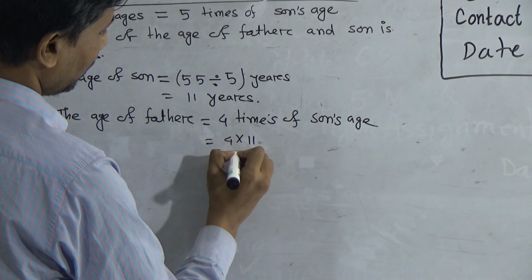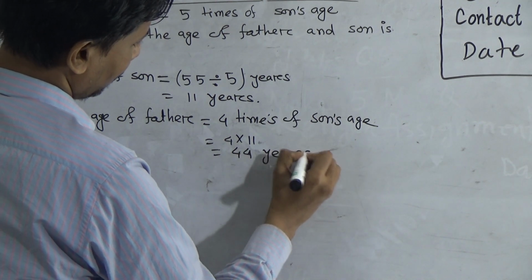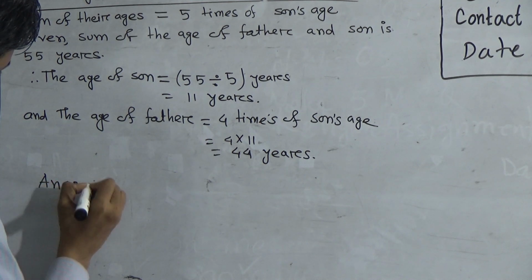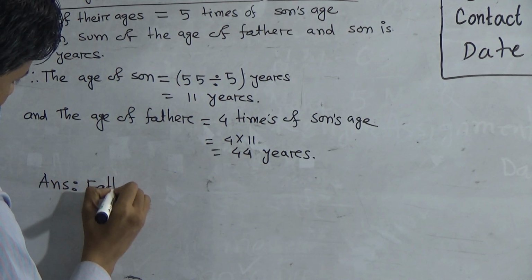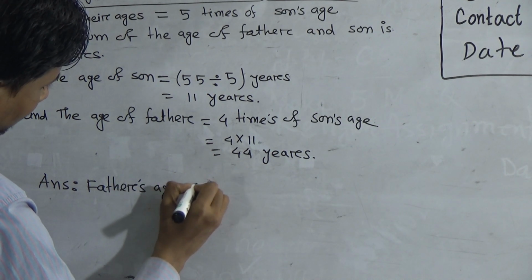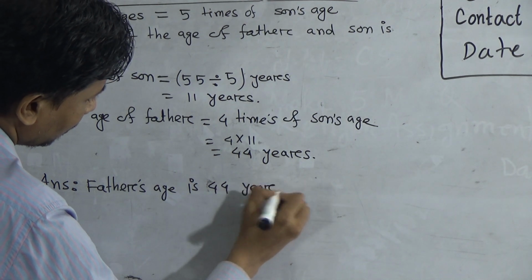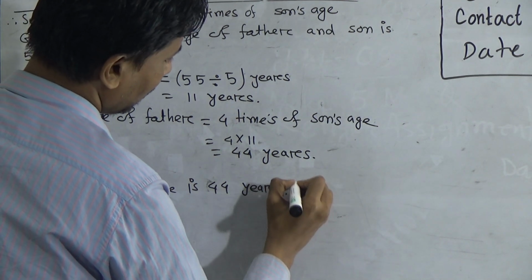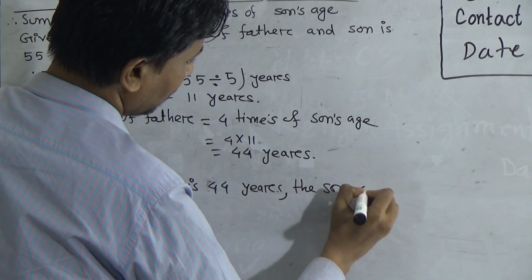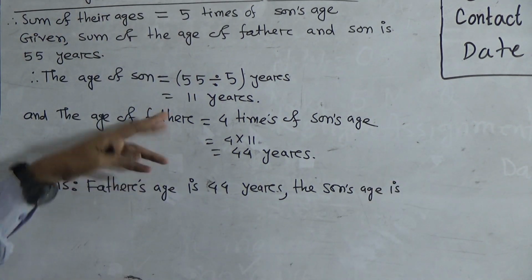This is equal to what? 44 years. Okay. Now write the answer. Father's age is 44 years. The son's age is what? Son's age is 11 years.